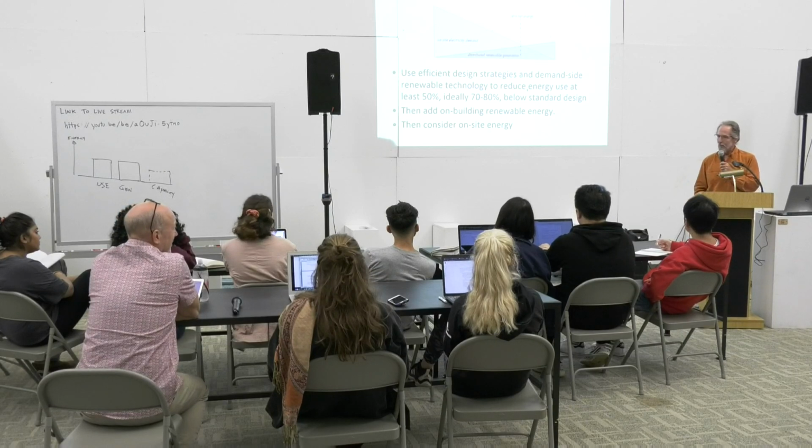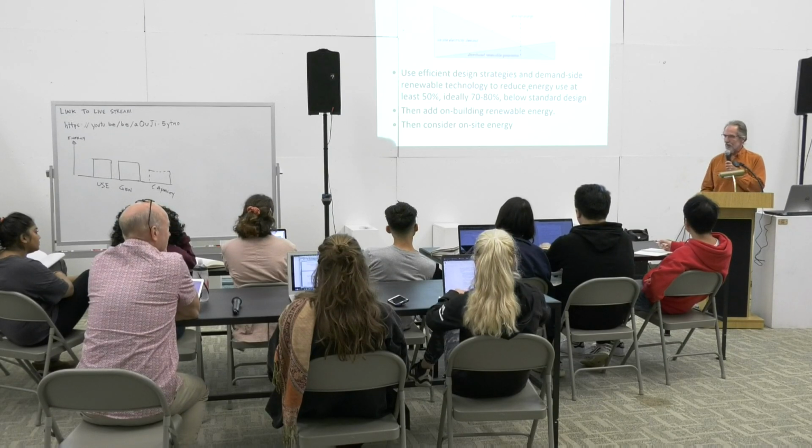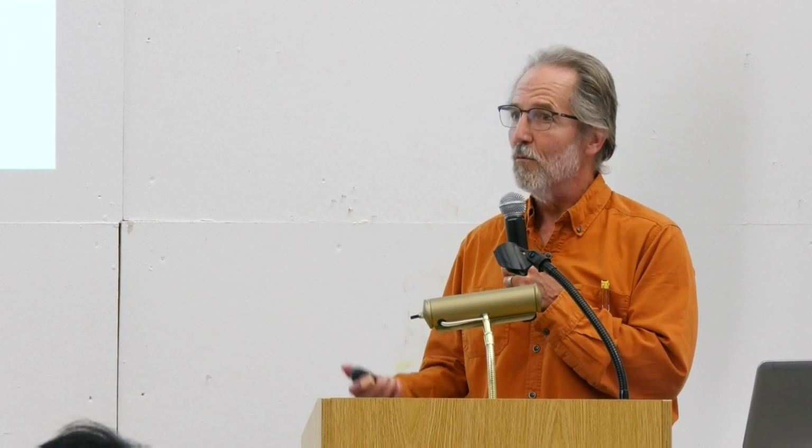I've got a one-story building and I can put solar on the roof. Well, what if I have a four-story building? Did my roof area necessarily get larger? No. I have the same amount of roof area with a four-story building, but I have 4 times the floor area. So the taller your building goes, the harder it is to get to zero net energy.